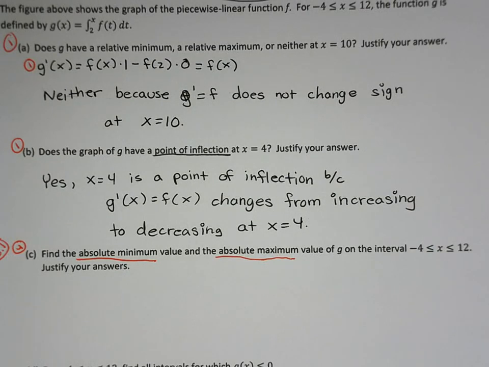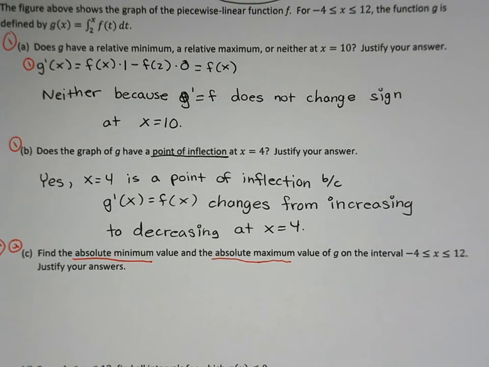So your first point comes from considering that the endpoints might be the location of your absolute maximum or absolute minimum, which is, again, kind of going back to that idea that anything you can think of related to the problem, write it down.